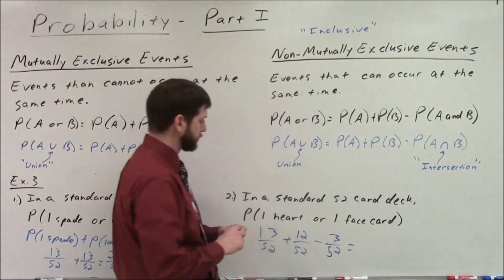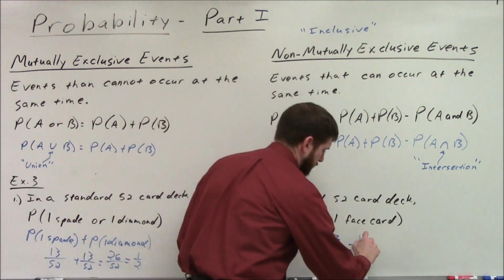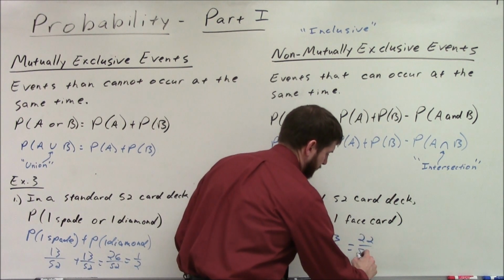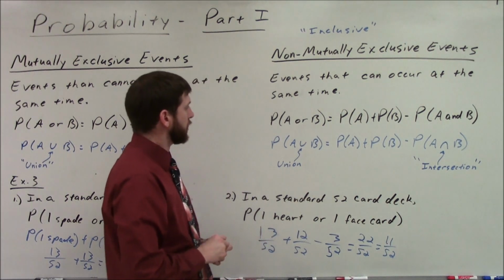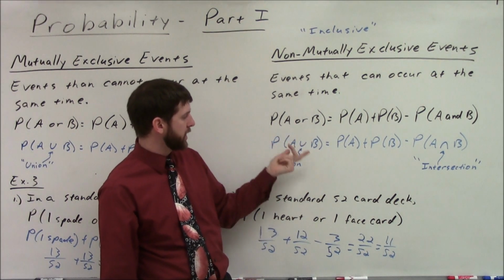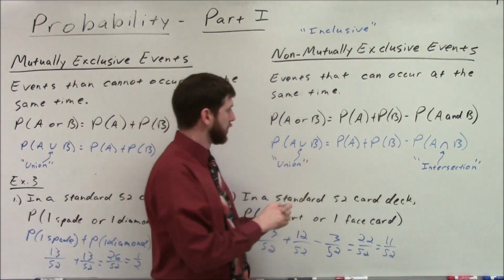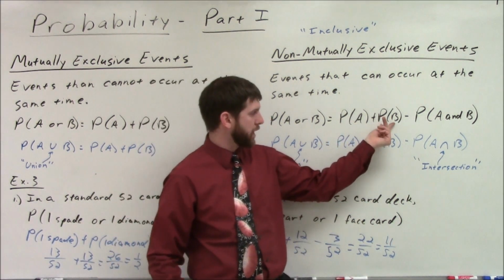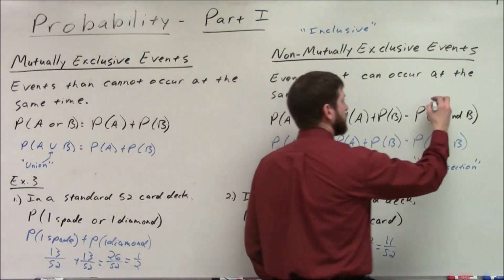So that's how we do it. And you go through, do the arithmetic. 13 minus 3 is 10, plus 12 is 22, over 52, which is 11 over 52. So there's your formula for non-mutually exclusive events. Probability of A or B, or we can say probability of A union B, is equal to probability of A plus probability of B minus the probability of both.